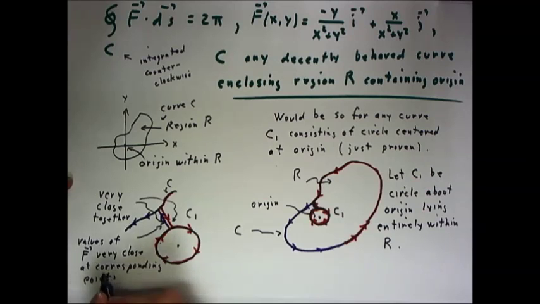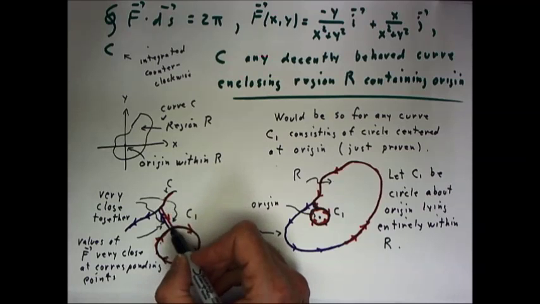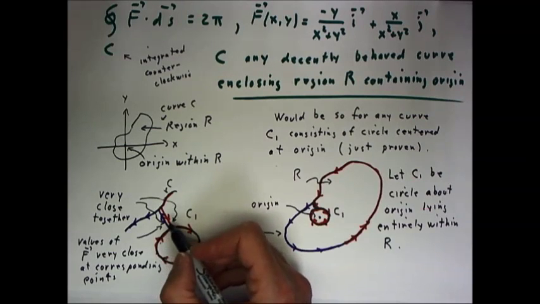For brevity I'm not going to go into too much detail, but what I mean is, as we move along this curve, let's say these two segments are parallel, so that we simply move at right angles from one point of this curve to a corresponding point of this curve.